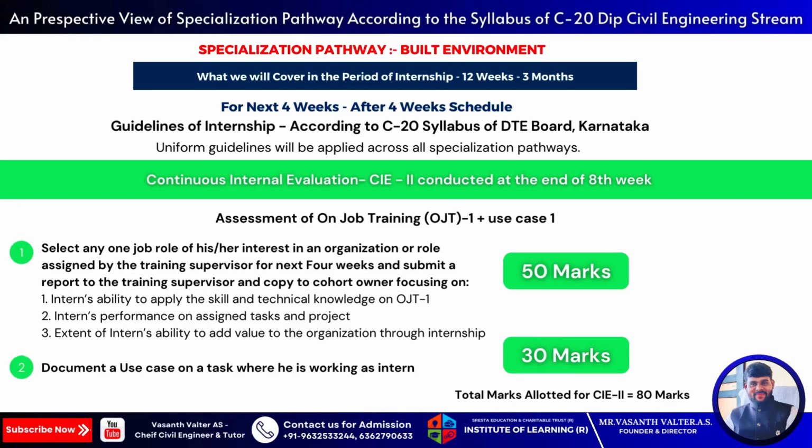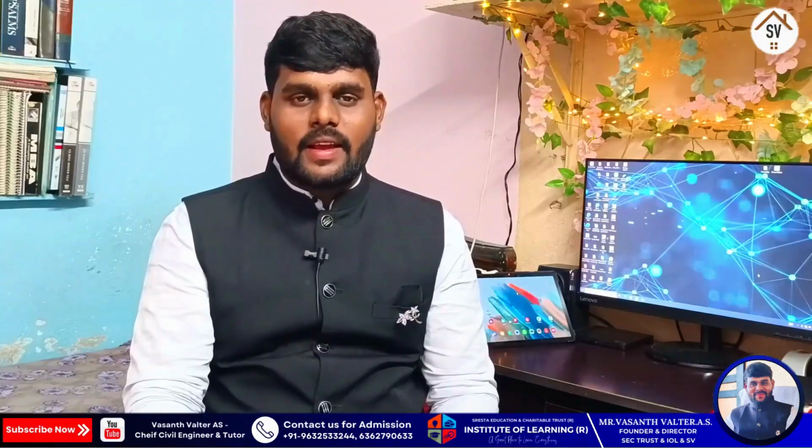That is about 50 marks. And the second one is to document a use case on a task where he is working as an intern. The total allotted marks for the CIE 2 is 80 marks.